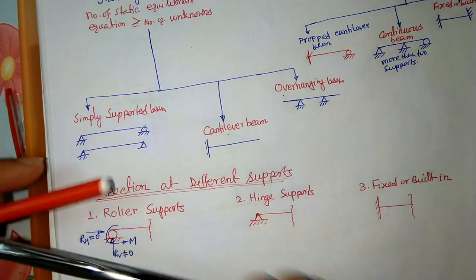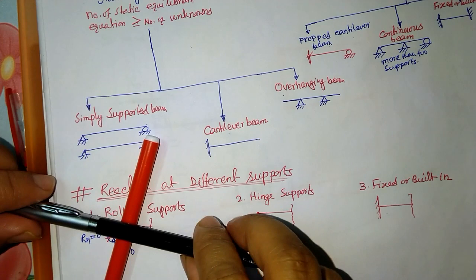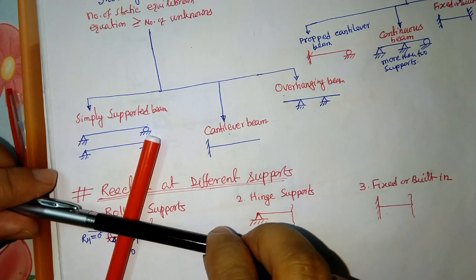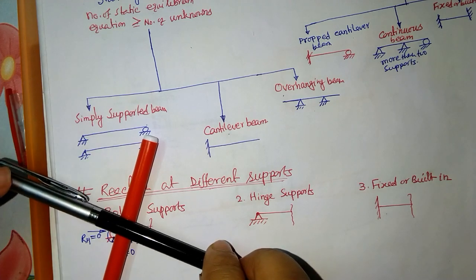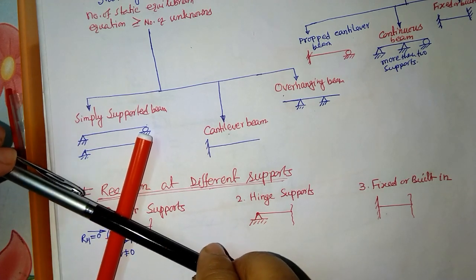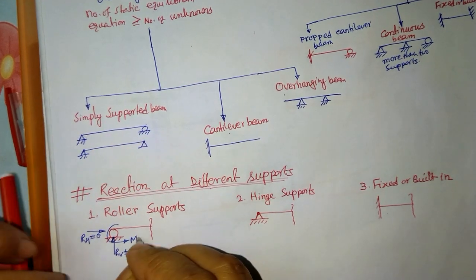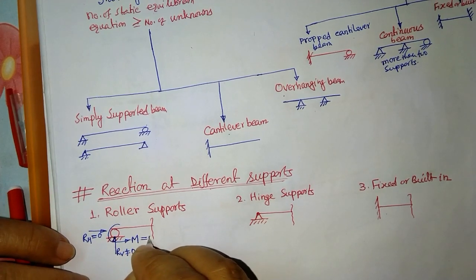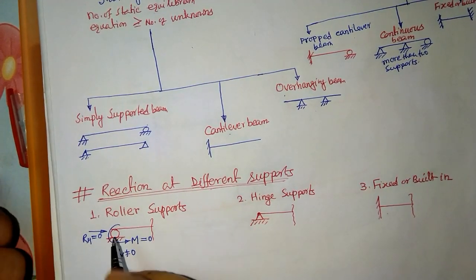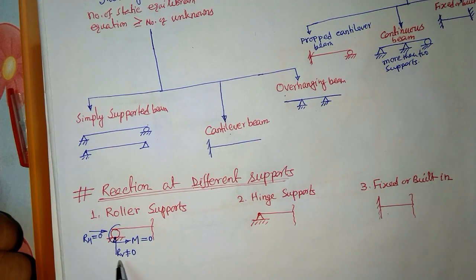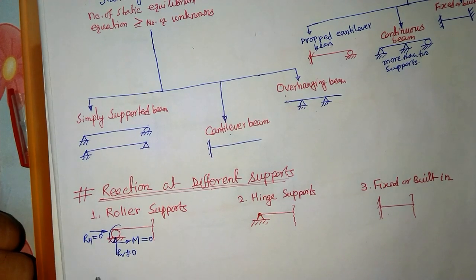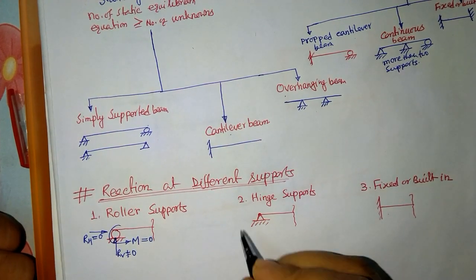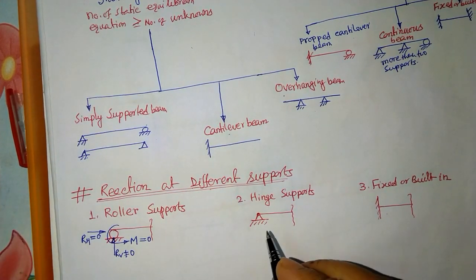As for moment, if it wants to twist, it can twist, there will be no resistance, so moment is also equal to 0. So for roller support we only get vertical reaction, there will be no horizontal reaction and no moment reaction.